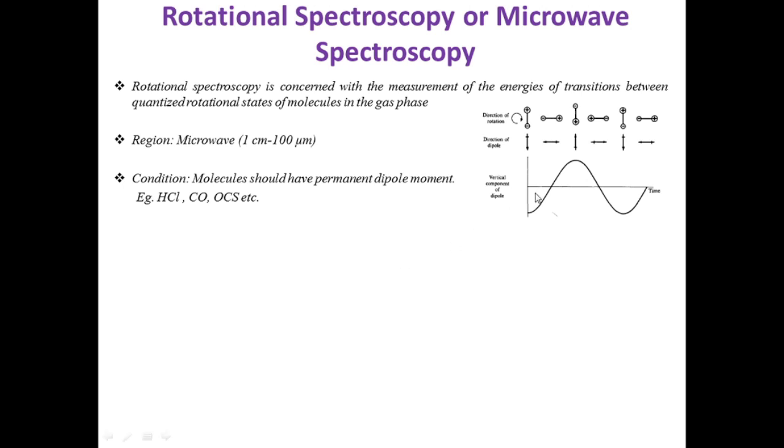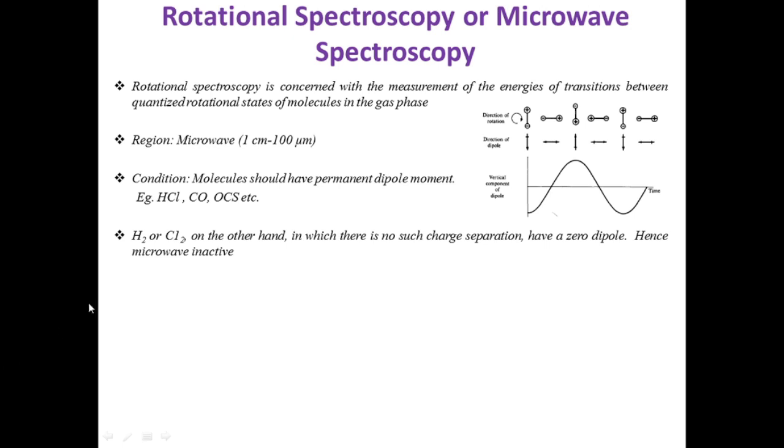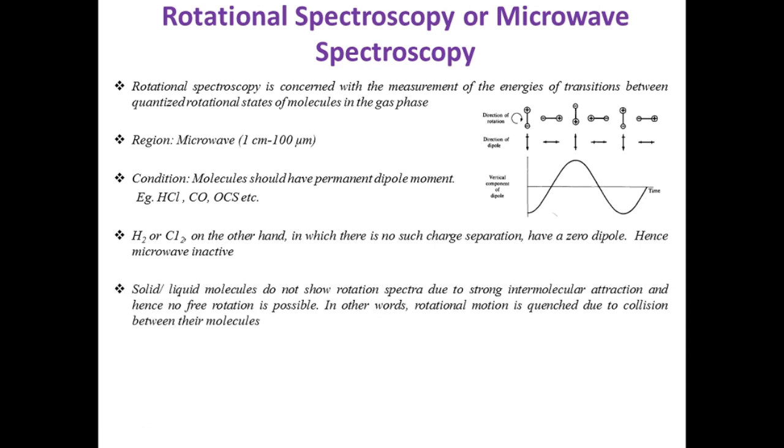Thus, the interaction can occur and energy can be absorbed or emitted, and the rotation gives rise to a spectrum. But in case of H2 and Cl2, there is no such charge separation. That is, the molecule has zero dipole moment, and hence such molecules are microwave inactive.